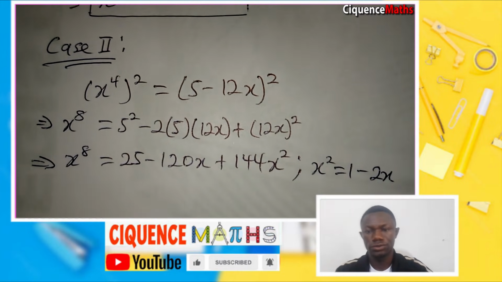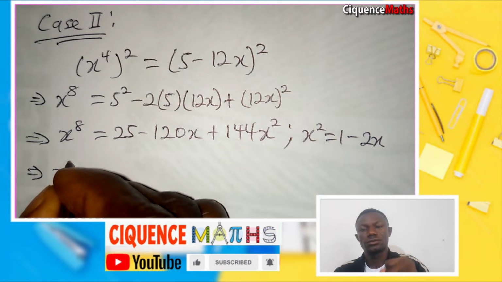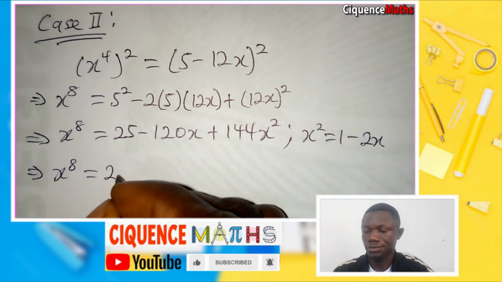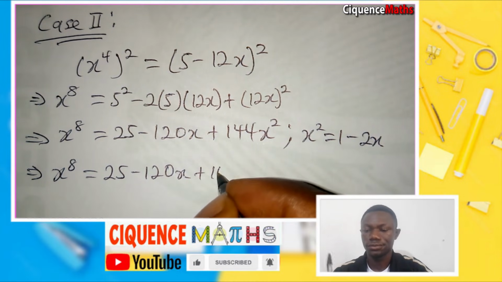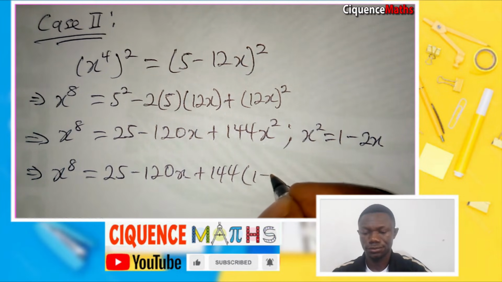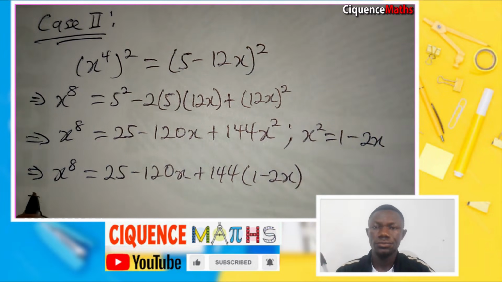Now x exponent 8 is equal to 25 minus 120x plus 144 times (1 minus 2x). Then we simplify further.